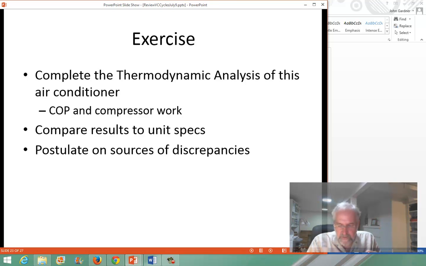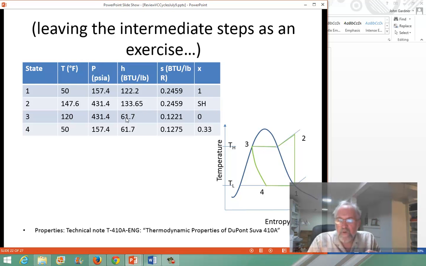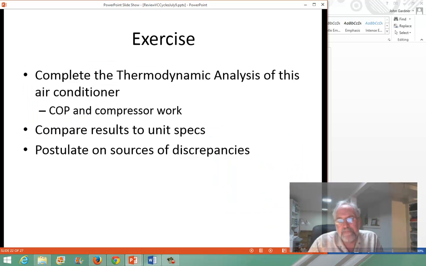Keep in mind that these are all per pound, okay? This is called a specific analysis. So you get the specific heat transfer, the specific work. We get the heat transfer per pound of refrigerant. We get the compressor work per pound of refrigerant. But we also know what Q is, right? We know it's 10,150 BTUs per hour, so we can back out what the mass flow rate through the system is, and finish that.